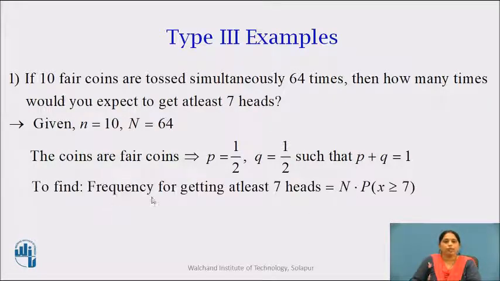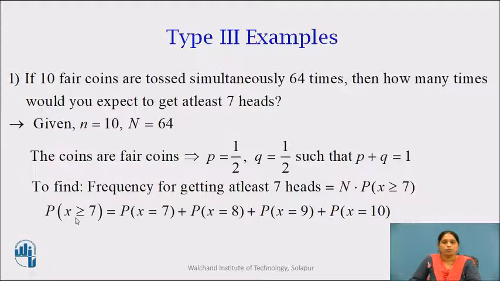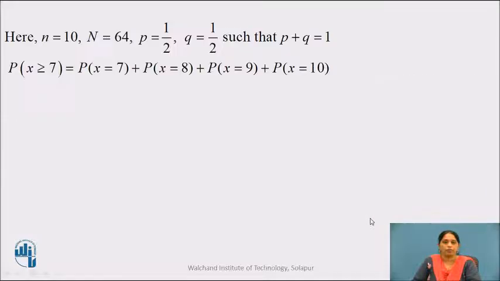Now here we have to find the frequency of getting at least 7 heads, that is obtained by the formula capital N into the probability of x greater than or equal to 7, for which we will first calculate the probability of x greater than or equal to 7. There are 10 coins, so we get its value by probability of x equals 7 plus probability of x equals 8 plus probability of x equals 9 plus probability of x equals 10.